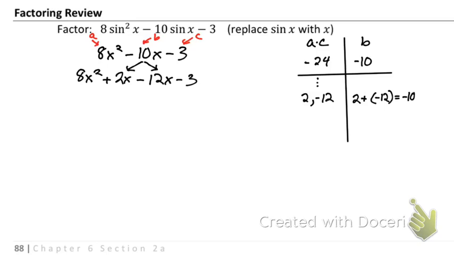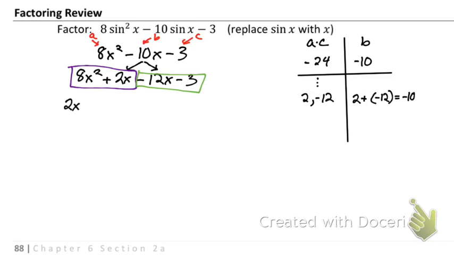But we have two special sections. We have this guy, and we're going to have this binomial here. And we're going to treat them as binomials. We are going to factor out the biggest thing I can out of 8x squared and 2x, which is going to be 2x.